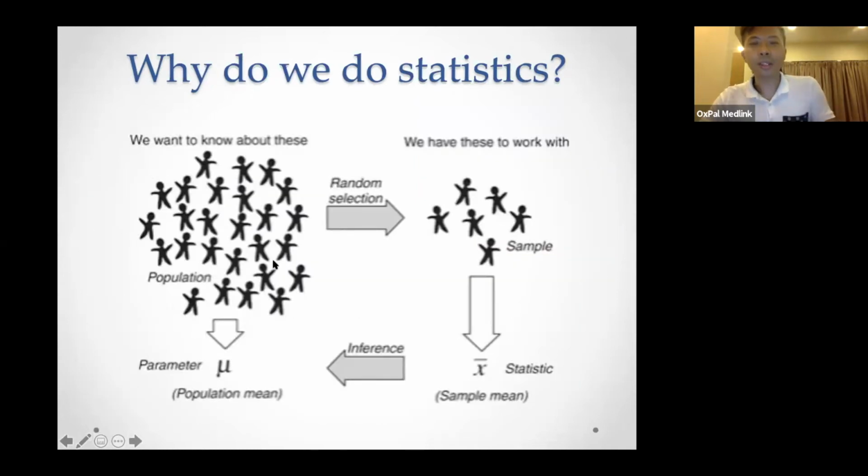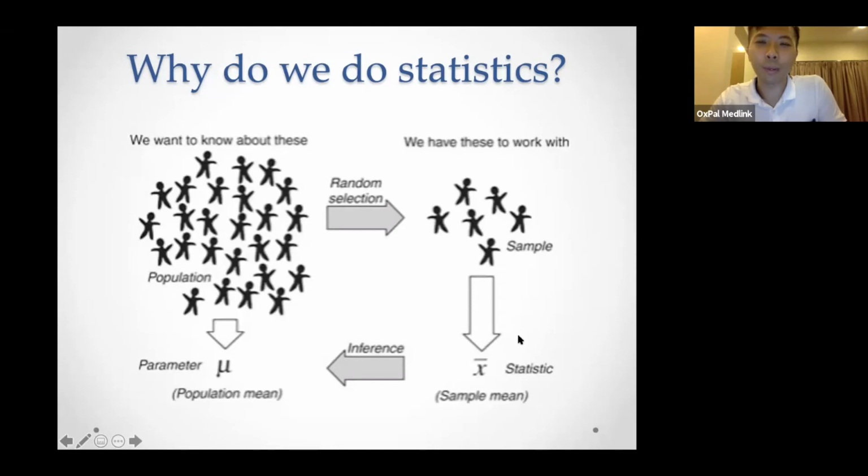So this is an illustration in another example. A population of humans, we want to know, let's say, the human height of this population. However, we do not have the resources for sampling everyone here. We randomly select them and we work with a sample.